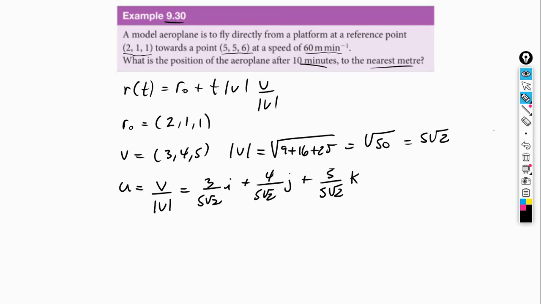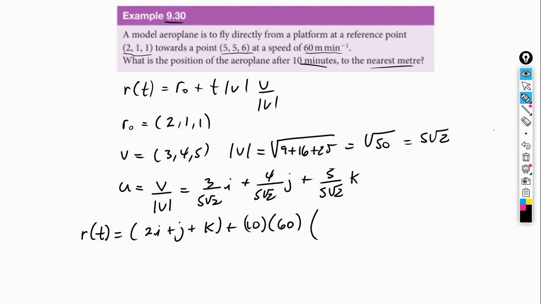So we would have that the position at time t is going to equal r sub 0, which is 2i plus j plus k, plus, and time, and this is minutes, so 10 times the speed, which is 60 meters per minute, and this times the unit vector, which we just found, right?